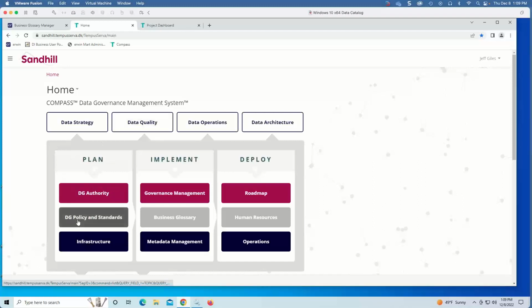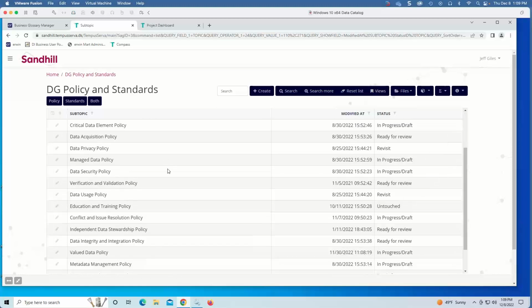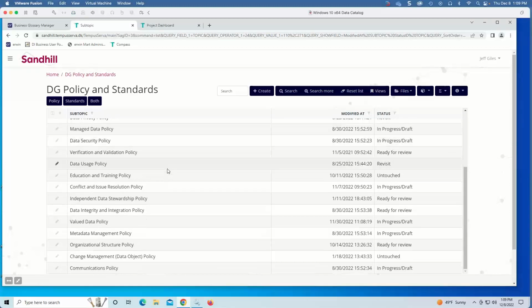So if I start with policies and standards, we can see that there are quite a few policies that are already in Compass itself. These are policies that would fit lots of different industries, whether you're in finance or banking or retail.